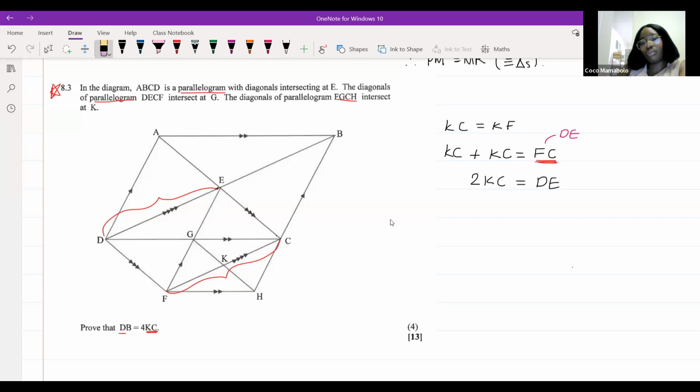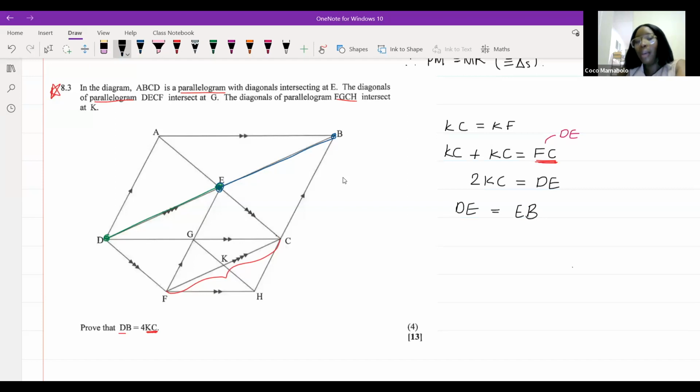Oh, EB, ma'am. EB, right. Because DE is a diagonal, yes? And the diagonal is bisected by AC. That means DE must equal which other side? EB, ma'am. These two must be equal to each other. Yes? Yes, ma'am. So I can then say that DE is equal to EB.